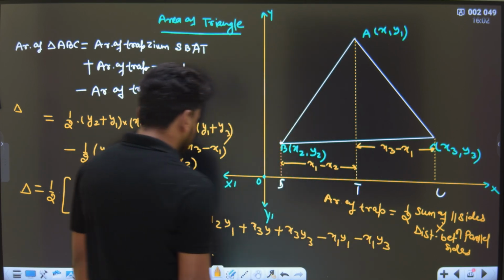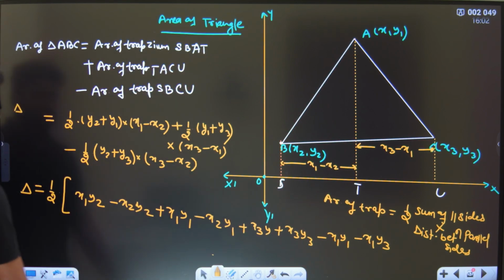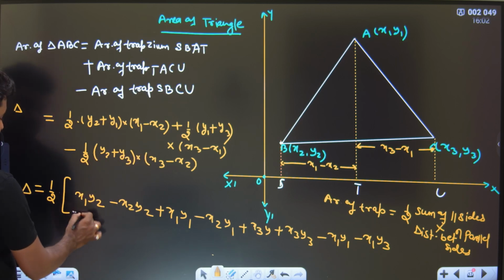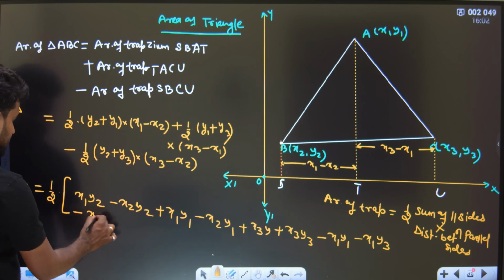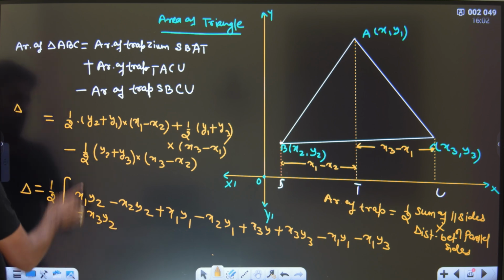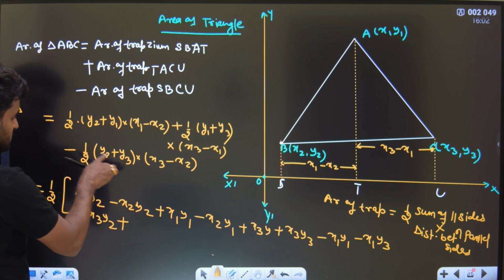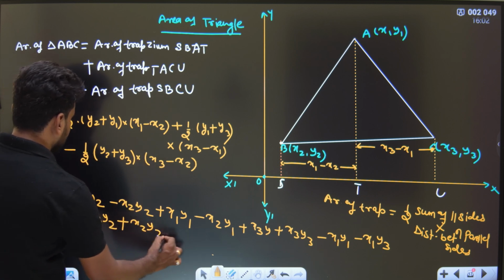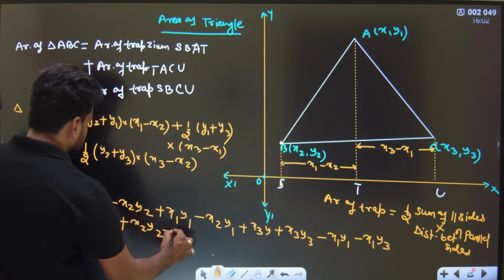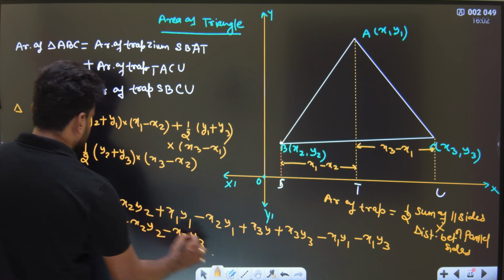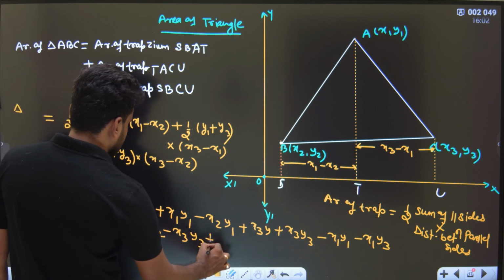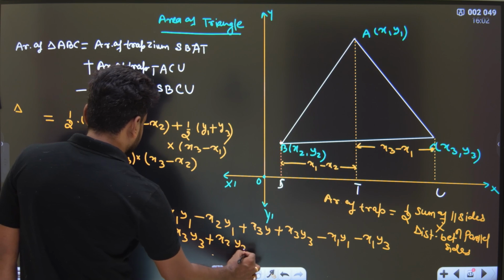And then we will try to find here the product x3 y2, but it is the minus symbol, so I will write minus x3 y2. Now minus y2 into minus x2, this is now plus x2 y2. Minus x3 y3, I will write x3 y3. And minus minus plus x2 y3.